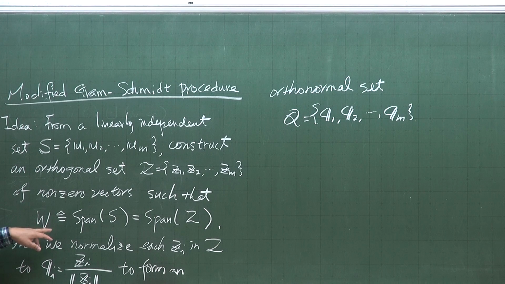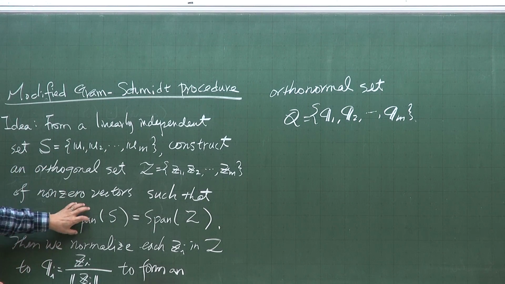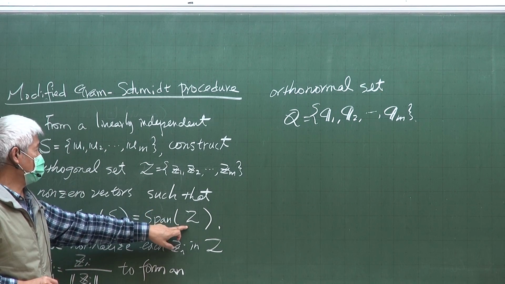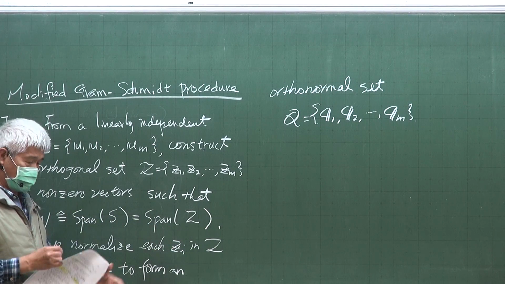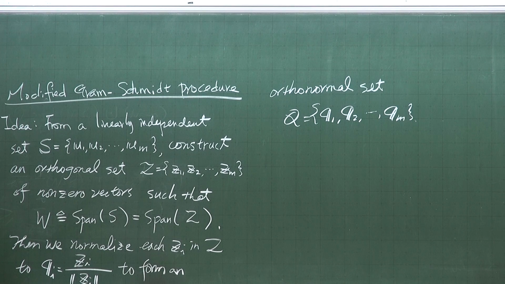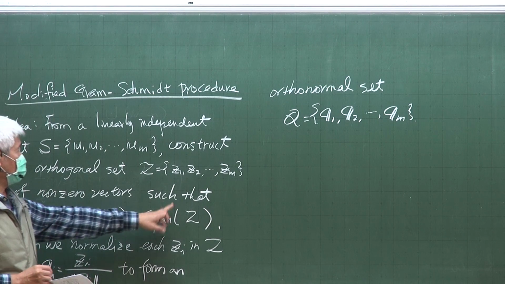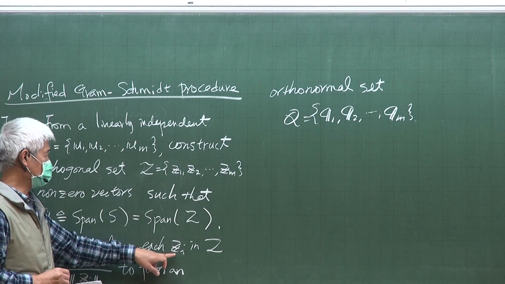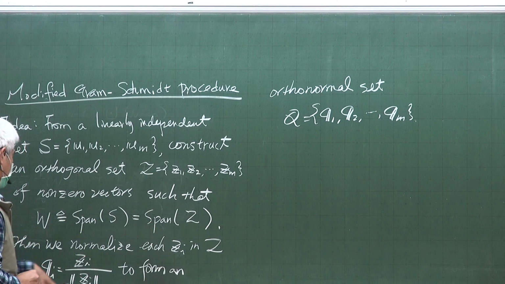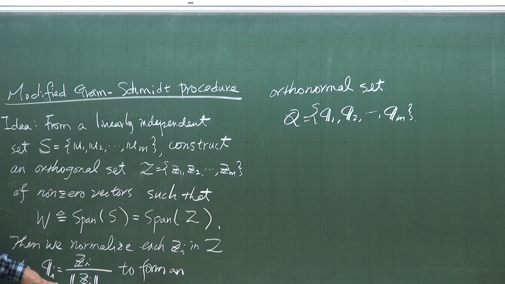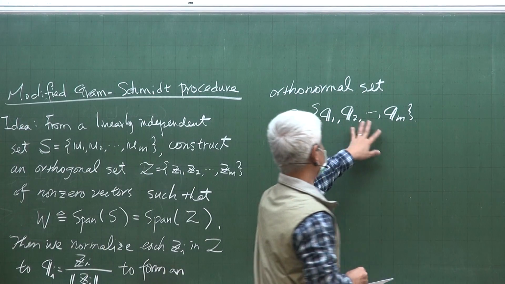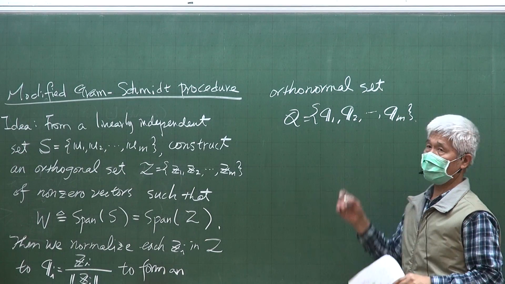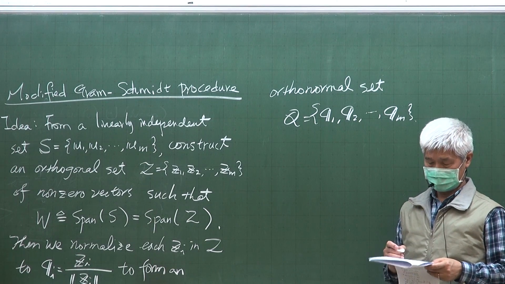Such that W, the subspace spanned by this linearly independent set, can also be spanned by this orthogonal set, so that Z becomes an orthogonal basis for the subspace W. Then we will normalize each vector in the orthogonal set to form the Qi, and then the Q set becomes an orthonormal set.